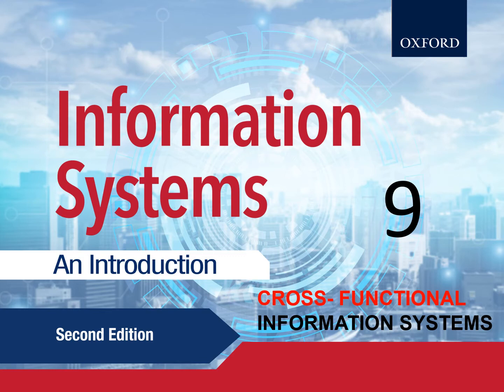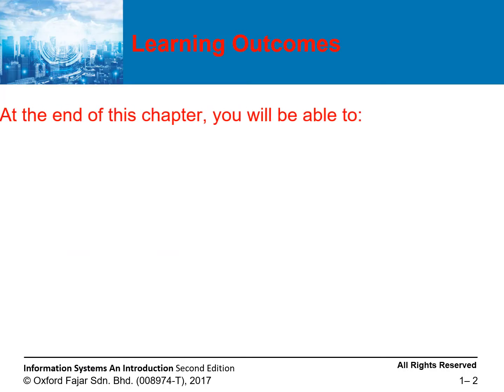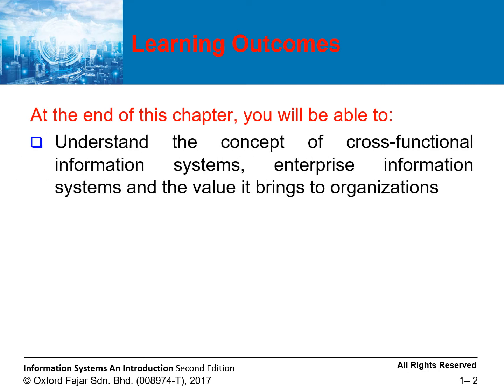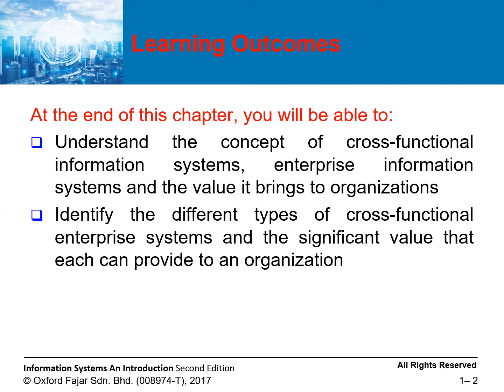This is about cross-functional information system. At the end of this chapter, you should be able to understand the concept of cross-functional information system, enterprise information system, and the value it brings to organizations, and identify the different types of cross-functional enterprise systems and the significant value that each can provide to an organization.